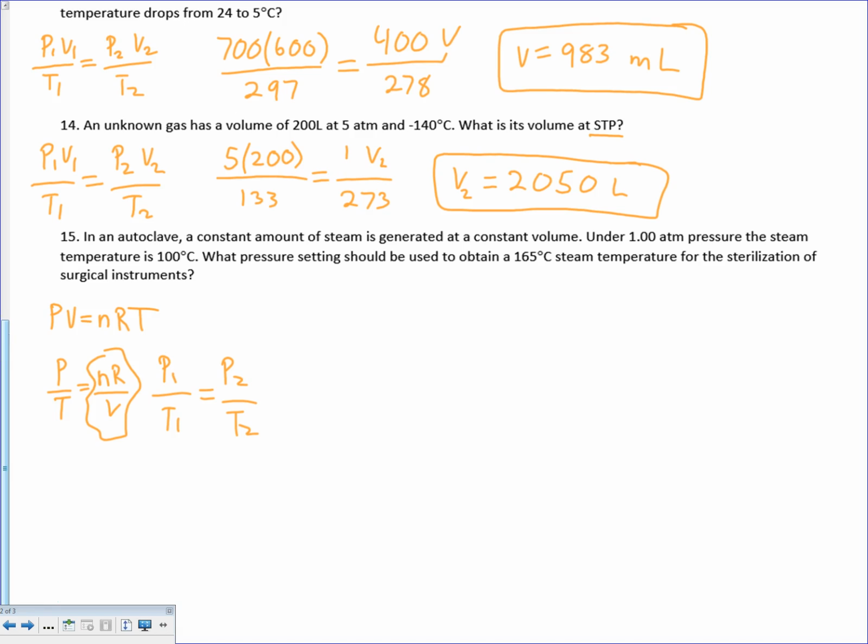Plugging numbers in, original pressure, 1 atmosphere. Original temperature, it's 100 degrees Celsius, so that's 373. Okay, P2 is what we're trying to find, the new pressure. The final temperature we wanted is 165 Celsius or 438 Kelvin. We go through, we solve for P2, we get 1.17 ATM.